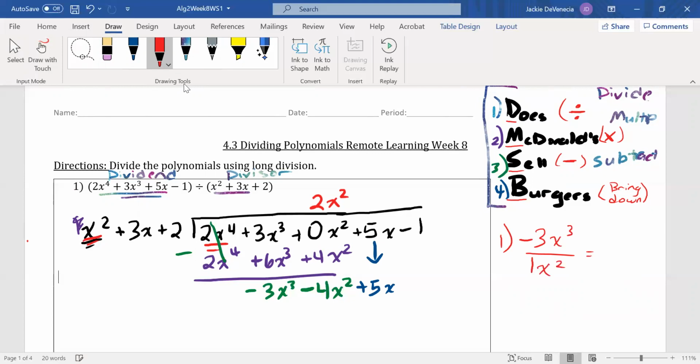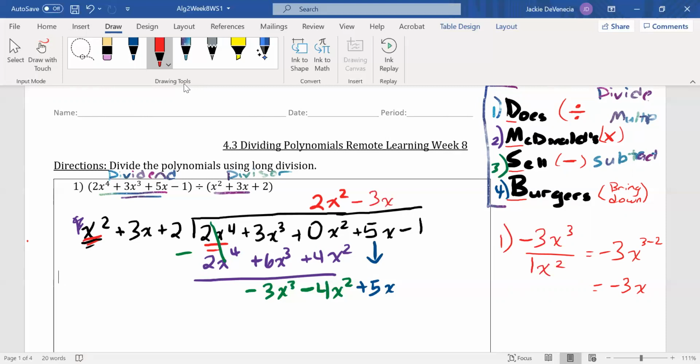Now again, negative 3 divided by 1, that's just a negative 3. X cubed divided by x squared, that's the same as x to the 3 minus 2 power, which will just give me x to the first, or just plain x. So I'm going to put that right over the 5x.